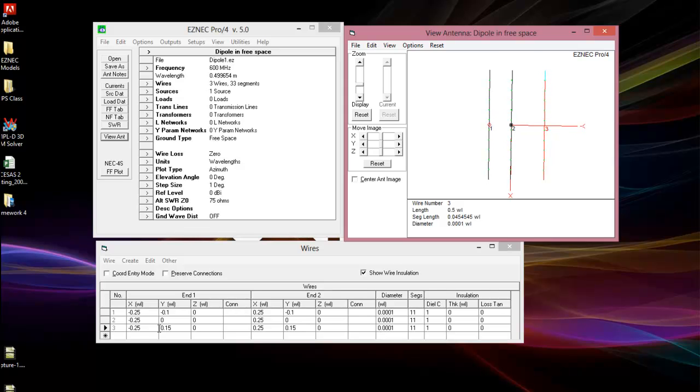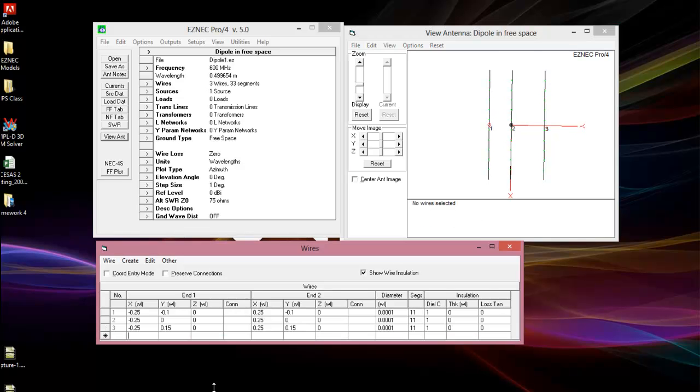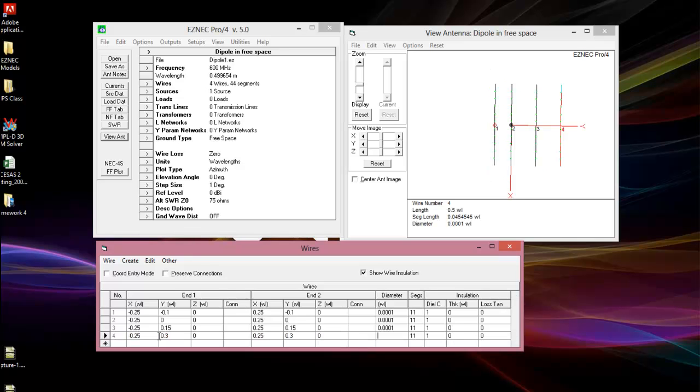So the next one, this is a 7 elements Yagi Uda, so we have to put another one. We still need to do like 4 more. So it's 0.25. This case is gonna be 0.30, 0.25, 0.30, 0, enter.